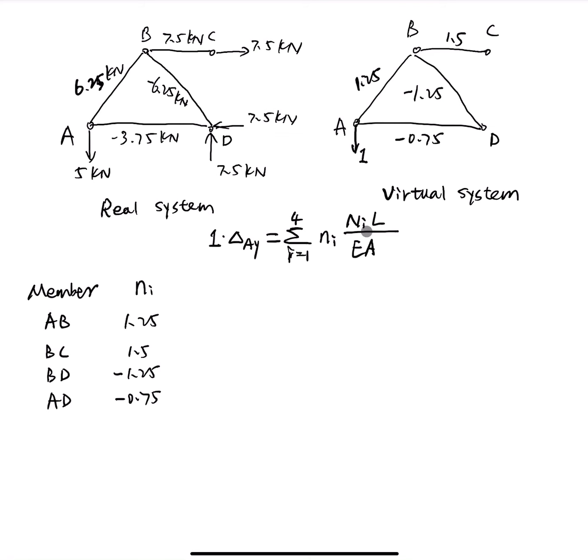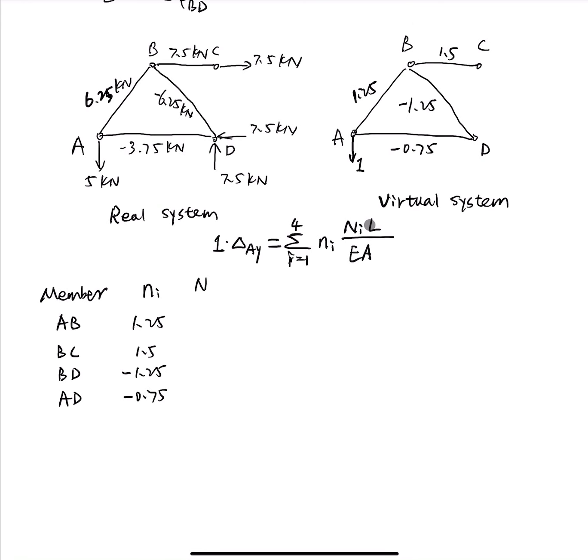The third column is capital N_i. This is the member force in the real system. The unit is kilonewton. For member AB, we put here 6.25 kilonewton. For member BC, write down here 7.5.